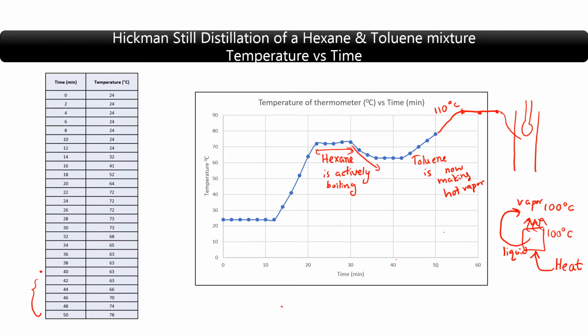So you're going to get this data in your lab report guide, and you can use Excel, or you could do a hand-drawn graph if you like to plot temperature versus time, and you can observe these changes in temperature as each of these liquids separate via distillation.